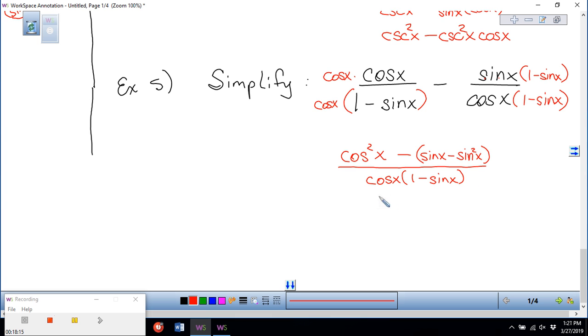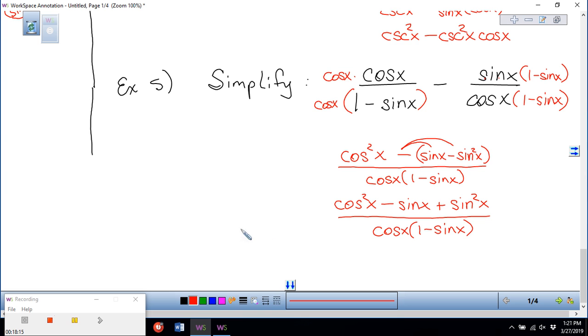Now for our numerator, we're going to go ahead and distribute this negative. So in the numerator we have cosine squared of x minus sine of x, and then a minus times a minus becomes a plus sine squared of x. And then in the denominator we have cosine of x times 1 minus sine of x.